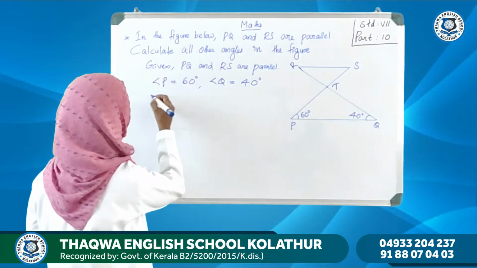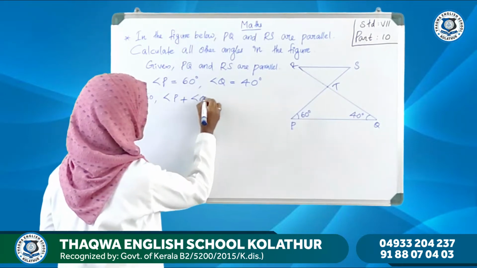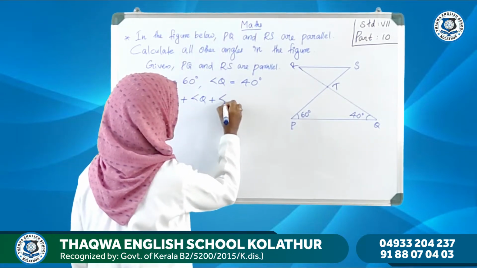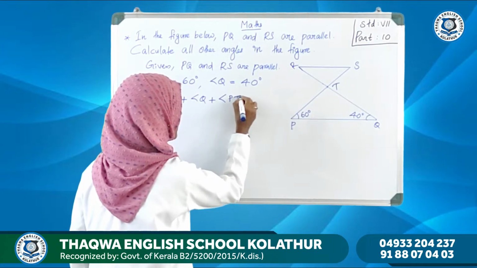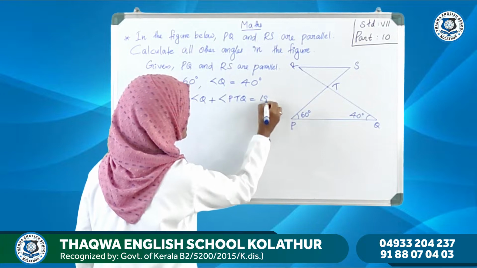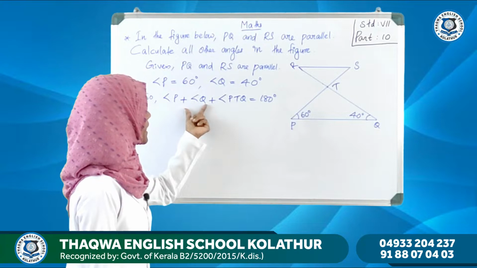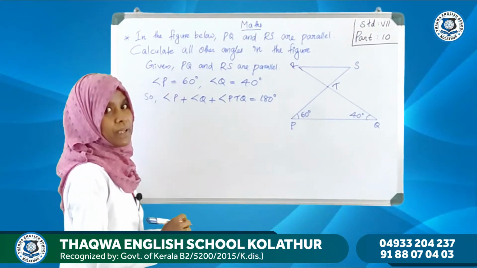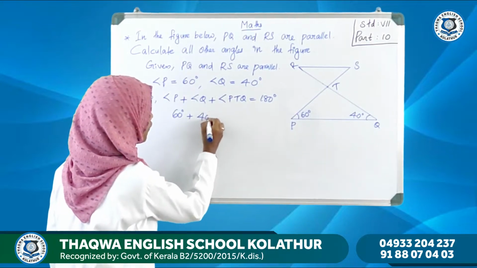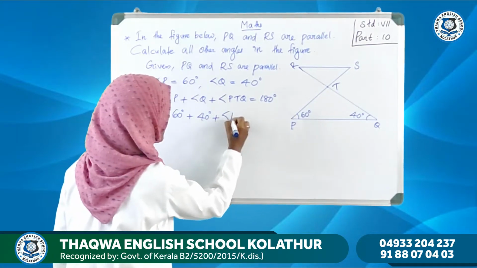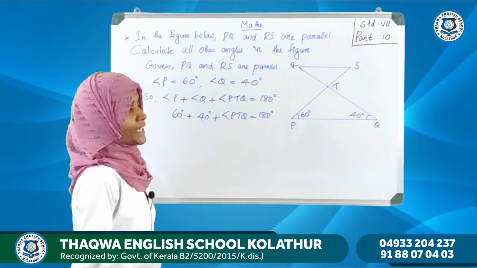So we can write angle P plus angle Q plus angle PTQ equals 180 degree. Now we have to substitute angle P and angle Q. 60 degrees plus 40 degrees plus angle PTQ equals 180 degree.